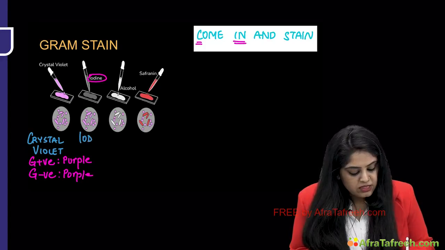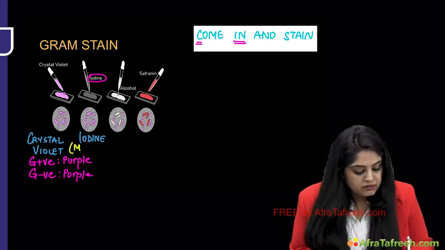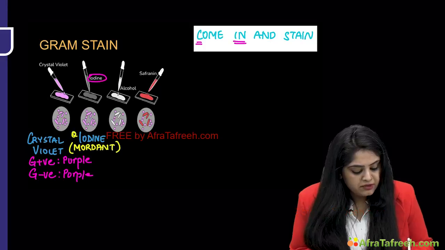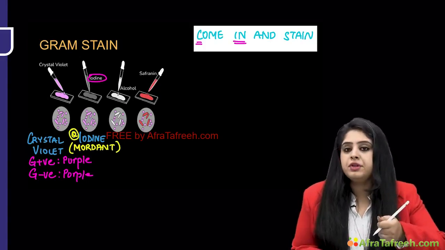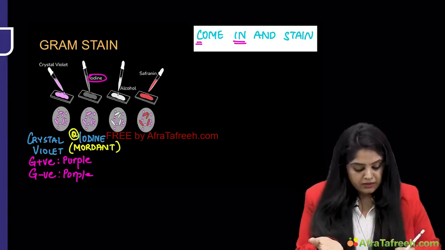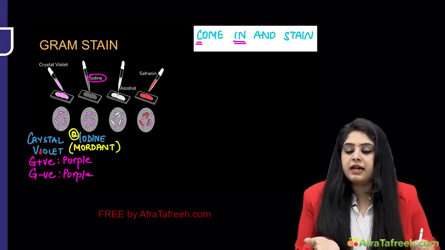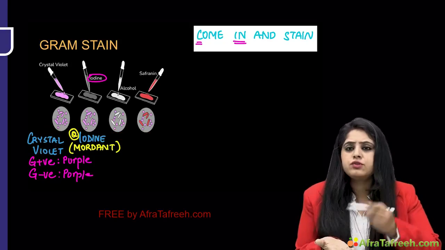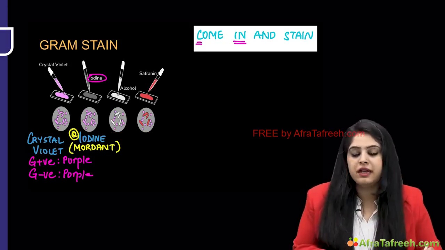Now, why is iodine added? Because they ask you a question on iodine. Iodine is a mordant. You might have seen this in previous year questions. What is the function of iodine? You know what a mordant is? A mordant is like a hammer. What have you added right now? You have added crystal violet, right? On top of that, you want crystal violet to stick there. So you add one hammer on it, and that hammer is the mordant, that is iodine.